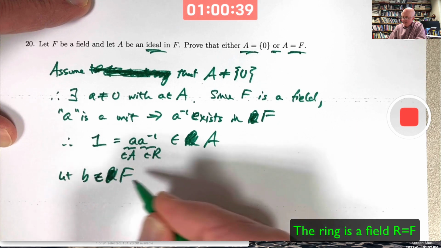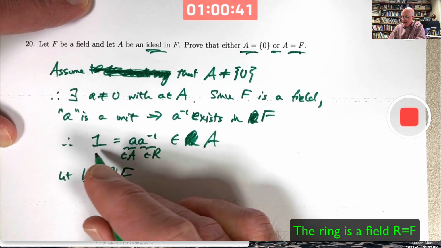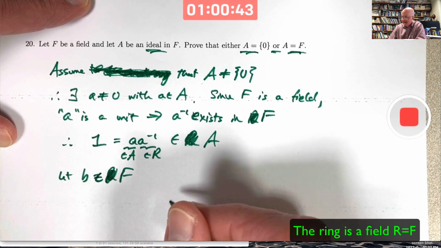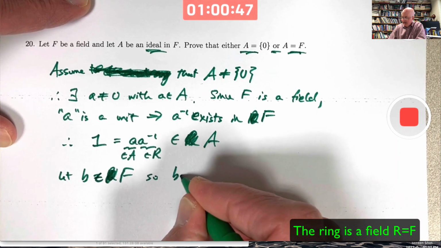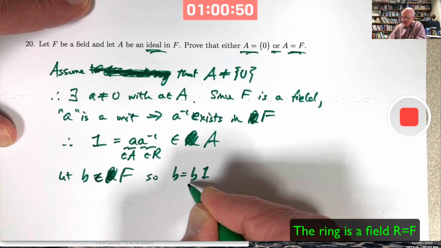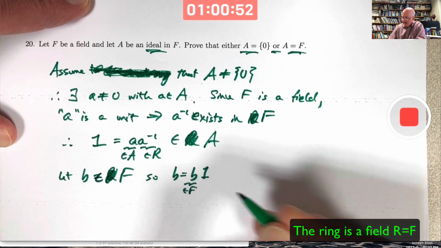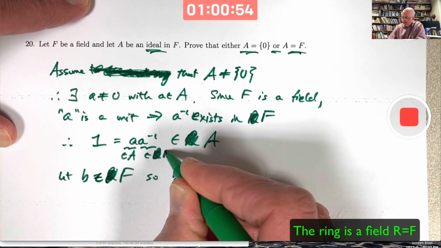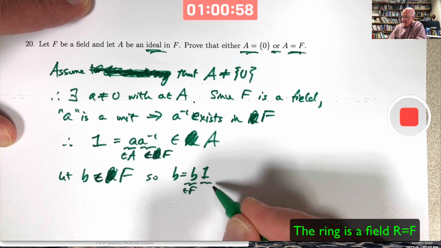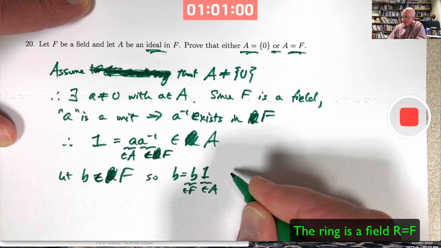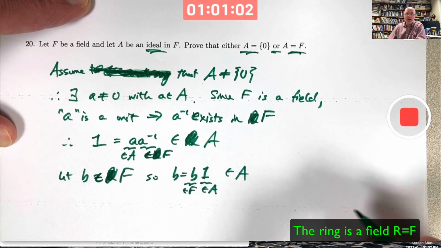Let b be in F. How is it going to be helpful to use the fact that 1 is in the ideal? Use superclosure again. So b equals b times 1. b is in the ring, should have put an F here too, which is a field. And 1 is in the ideal. The ideal is superclosed. This is in the ideal. We're done.